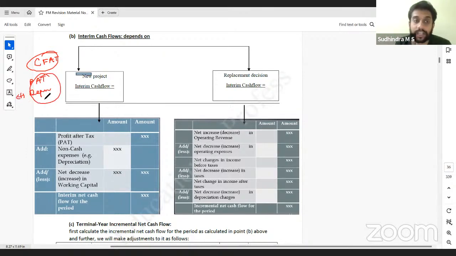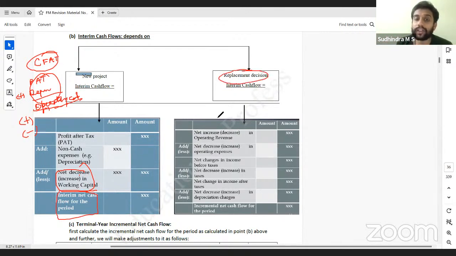That gives you the operating cash flows. Correct? To that, any change in the working capital. If it is decrease in the working capital, add. Reduction in working capital. If it is increase in working capital, subtract from the cash inflows. That gives you interim net cash flow for the period.